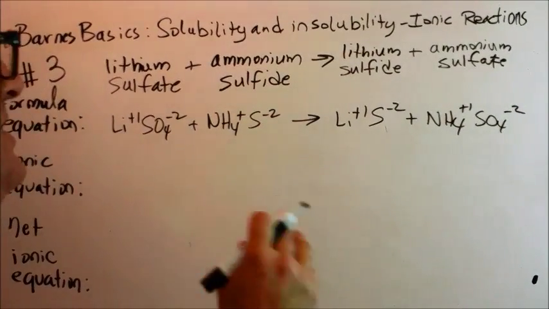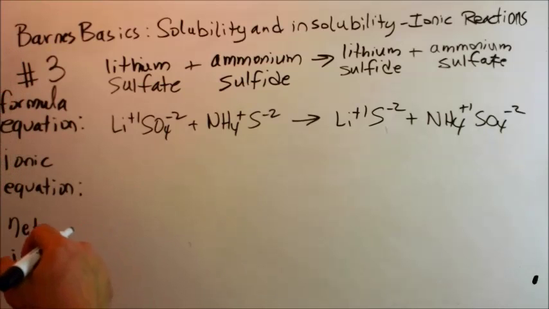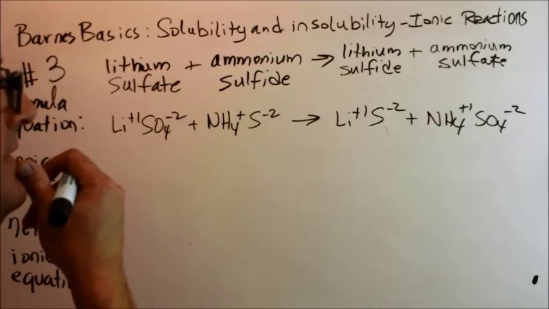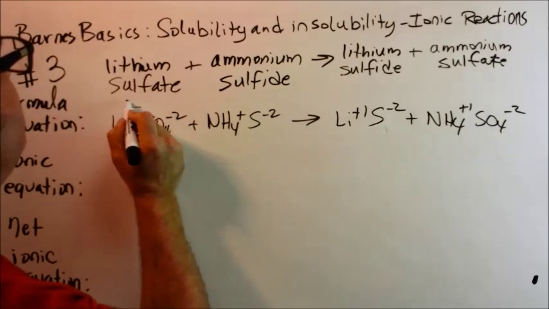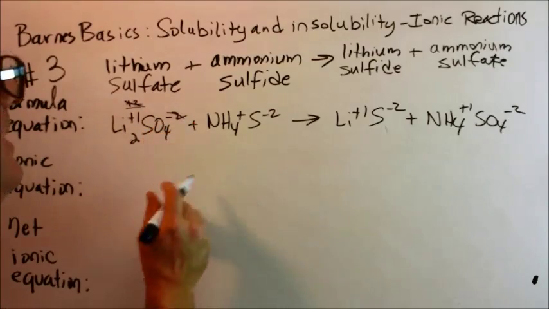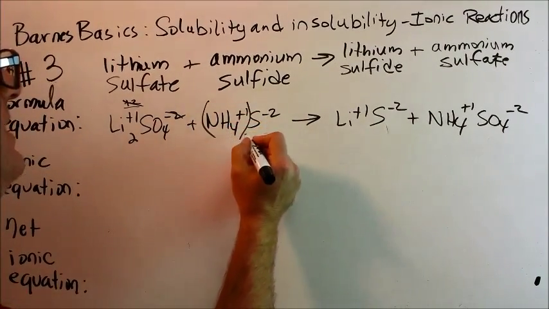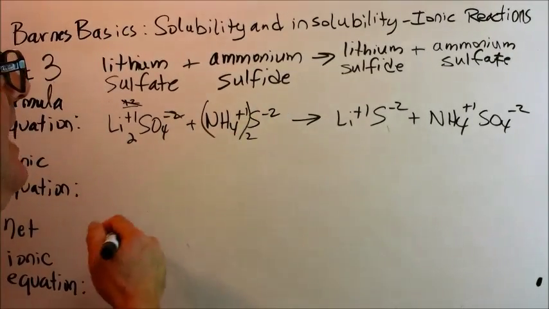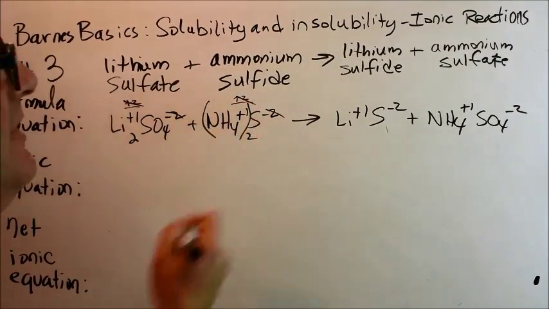So, to balance each individual formula, we have to make sure that the oxidation numbers add up to 0. So it would take 2 lithiums to make +2 to cancel with that -2. This ammonium is +1. It's going to take 2 of these to cancel with that -2. +2. That will work fine.